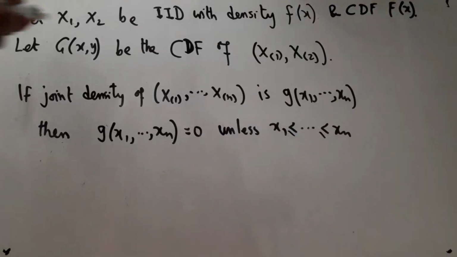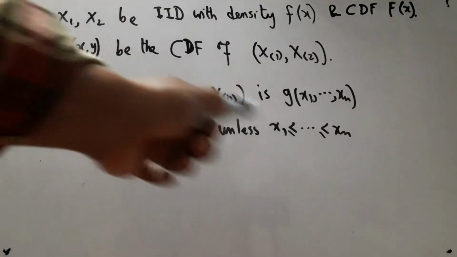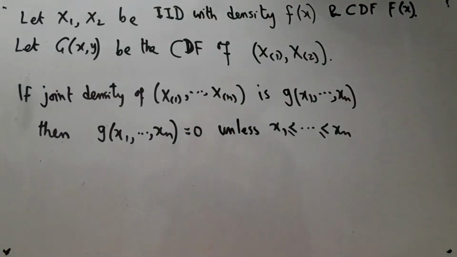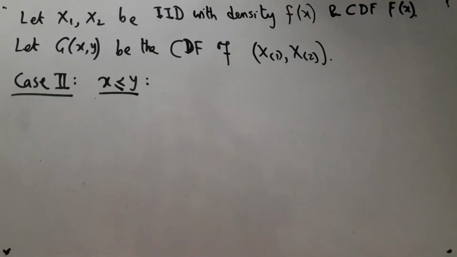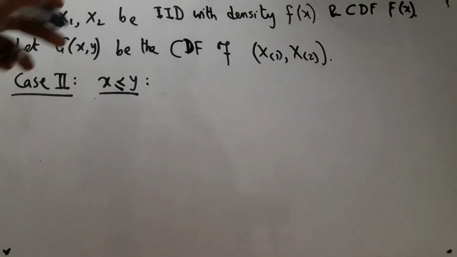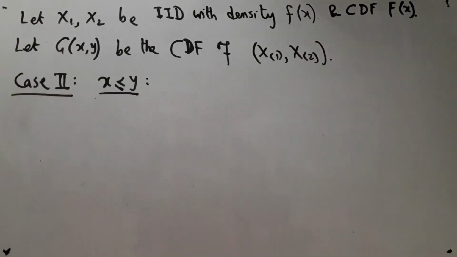Now let us get back to our simple example of n equal to 2 and explore what happens if the ordering is correct. So we have case 2 when x is less than or equal to y. The equality case really doesn't matter, you can put it here or there, but we want to see when the first argument is less than the second argument.